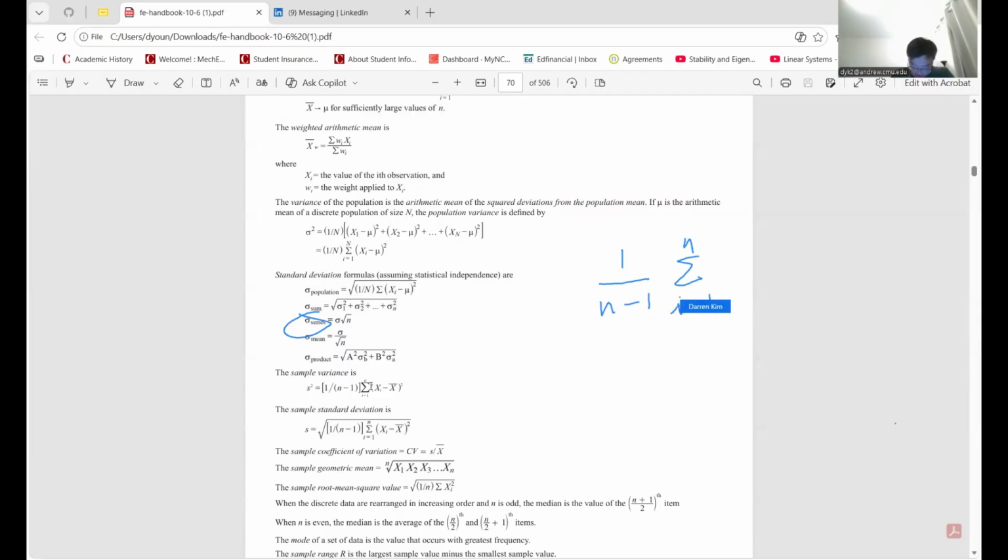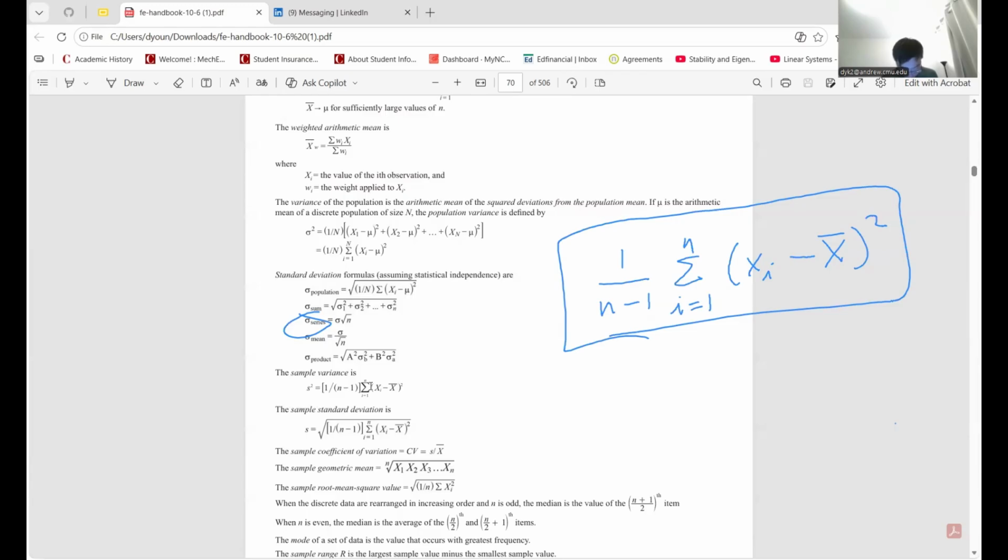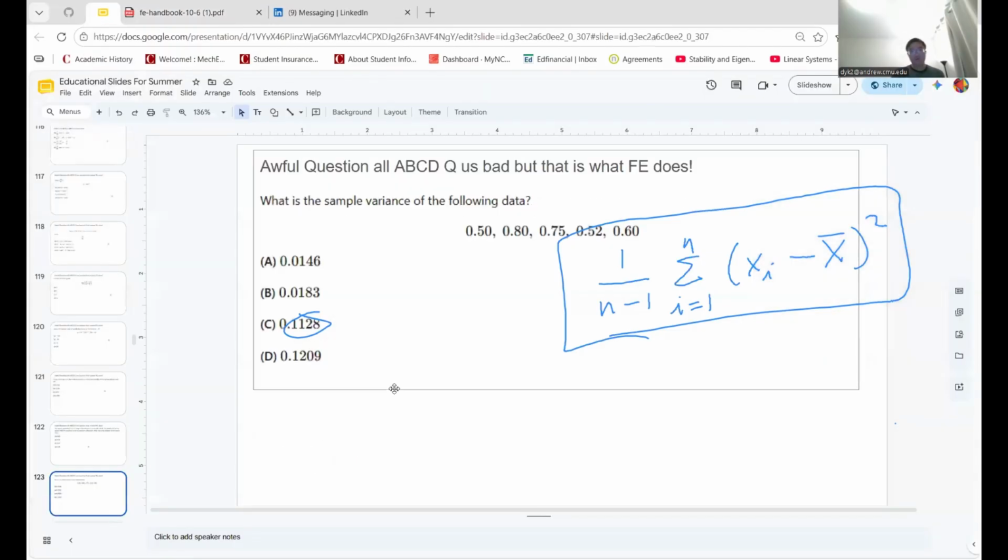I know when something's fishy. Xi minus X bar squared. And sample standard deviation doesn't really matter for now. We're just doing this portion over here. Let's just solve it because the product doesn't matter. Okay, so n equals 5.